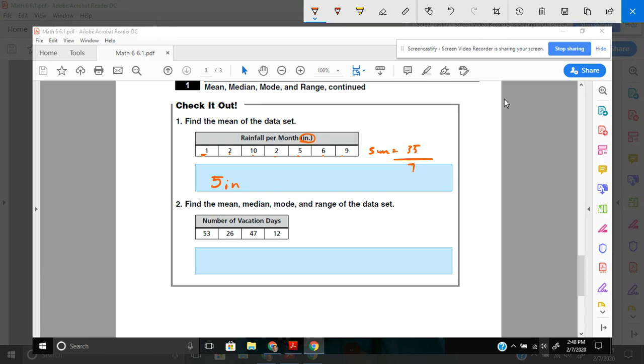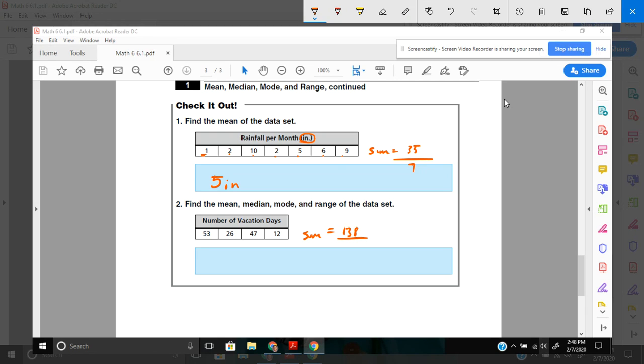And then the last one, it wants mean, median, mode, and range, all of those. So mean, or the average, add our numbers up. So 53 plus 26 plus 47 plus 12 would give you a total. So the sum of our data would equal 138.